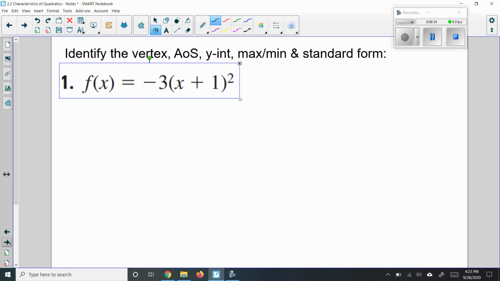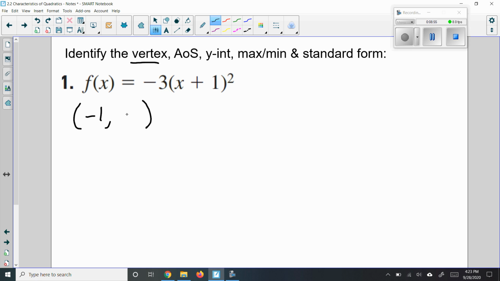Okay, well, this one's already in vertex form. So the vertex is simply the point negative 1, because this went left 1, and since there's nothing out here, this hasn't moved up or down.